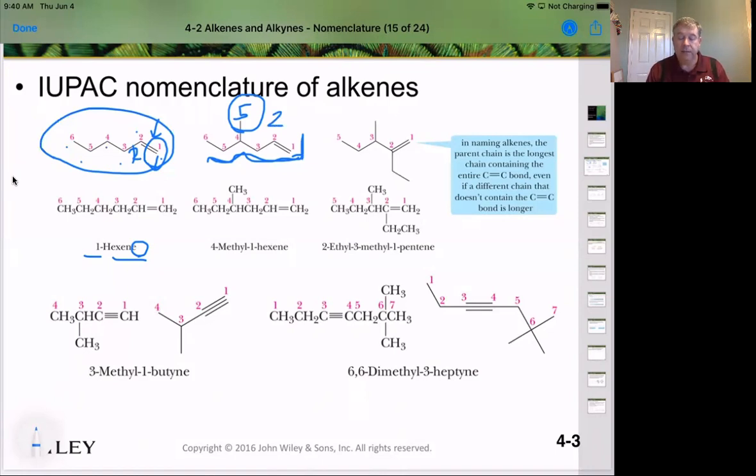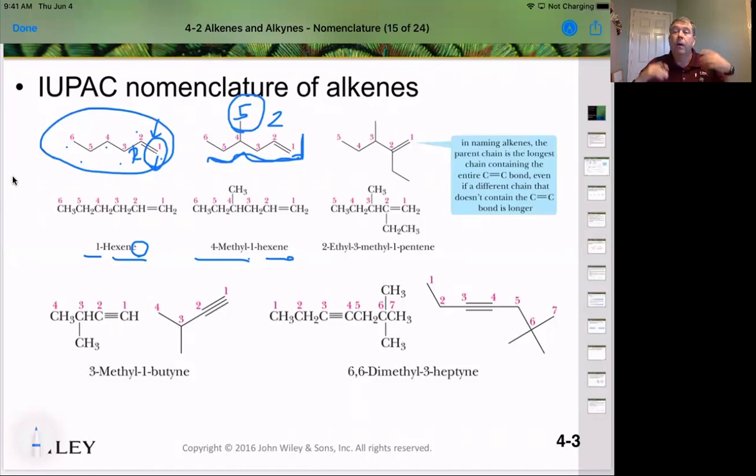So that's going to give us a methyl group at the 4 position on the chain, and our hexene is in the 1 position. Okay, so that's going to give our final name to be 4-methyl-1-hexene. Again, e at the end because it's only a hydrocarbon.